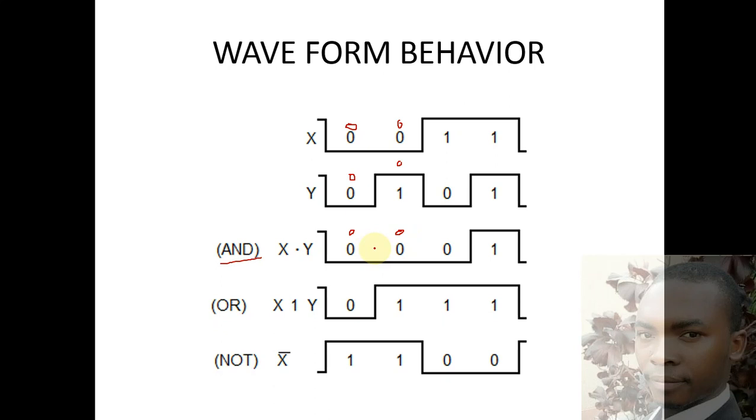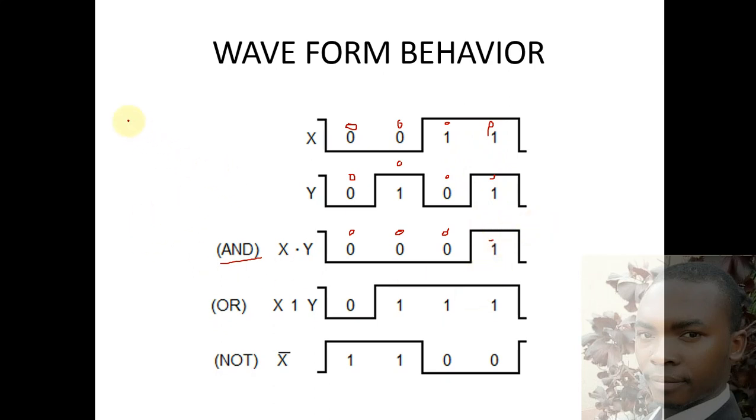We said the AND is true if all of them are true. Okay, so if we have X as 1 and then Y as 0, still the AND is 0. Then if we have this one and this is 1, this is 1.